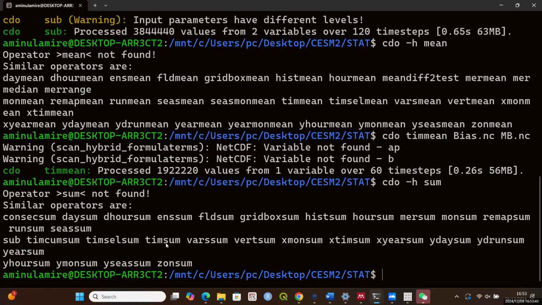It's a little bit confusing. Some not found? In your CDO is not found? Why is mine around? Can you do CDO minus h sum? It's not there. What is it saying? It's there. What is it saying?